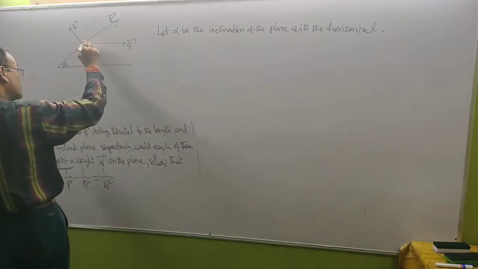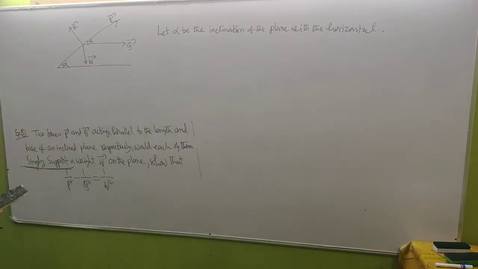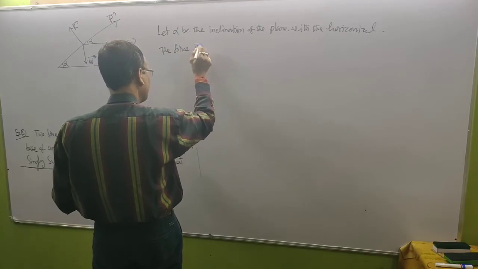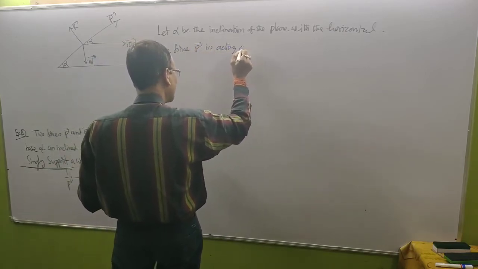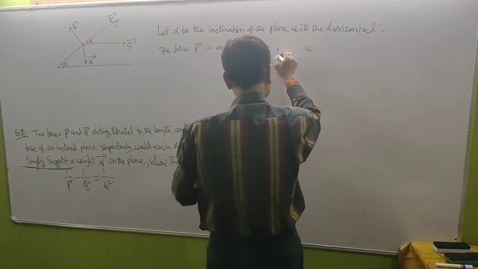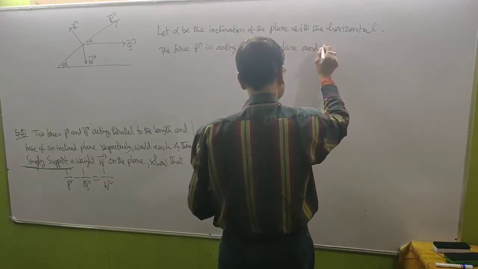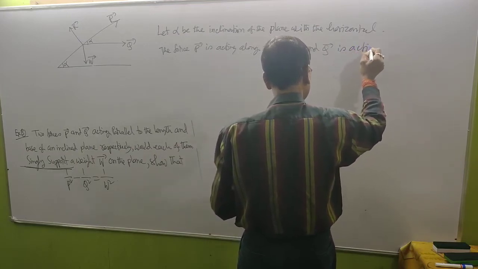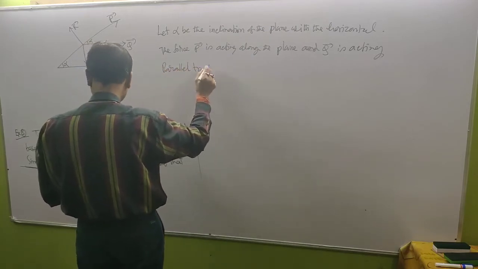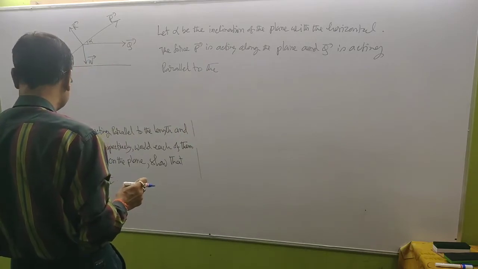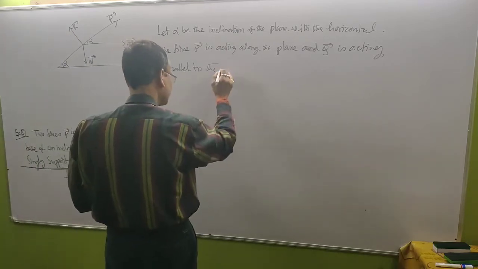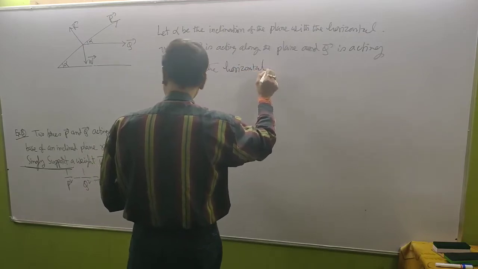This alpha is this. Therefore, this angle will also be alpha. P is acting along the plane, and Q is acting parallel to the horizontal.